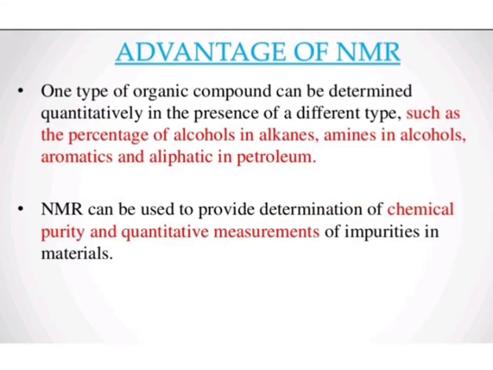Then an advantage of the NMR spectrometer is that organic compounds can be determined quantitatively in the presence of a different type, such as the percentage of alcohol in alkene, then amines in alcohols, aromatics and aliphatics in petroleum. This can be analyzed quantitatively. Then NMR can be used to provide determination of chemical purity and quantitative measurements of impurities in material.